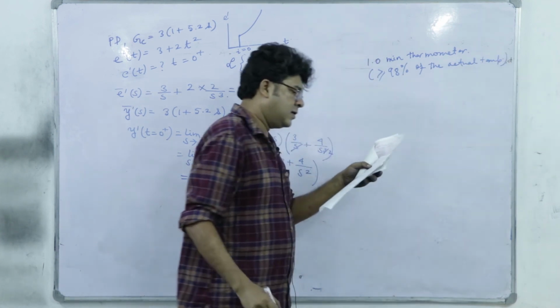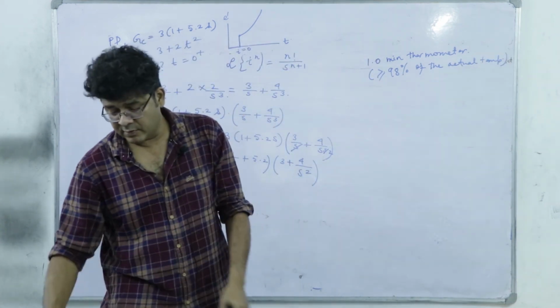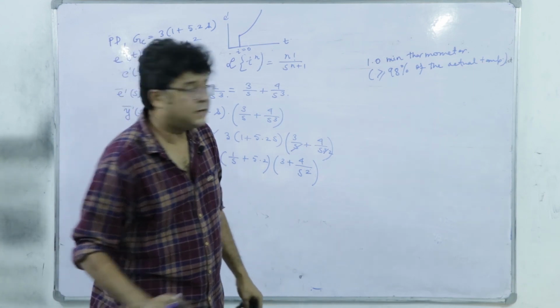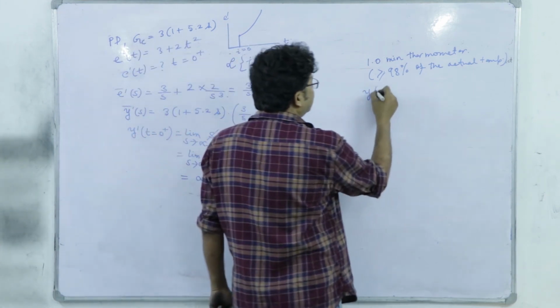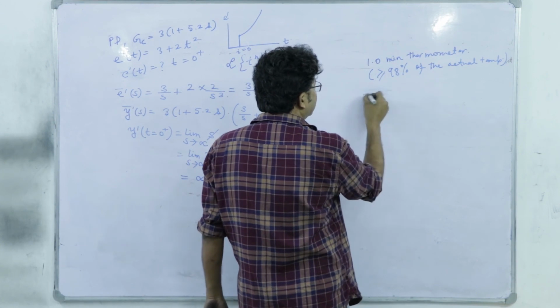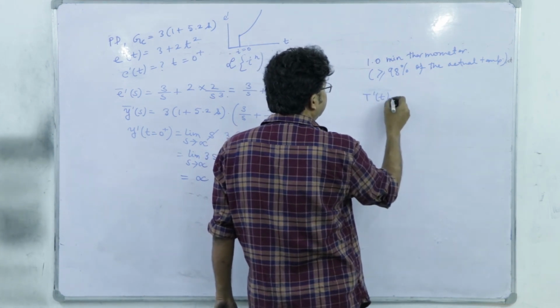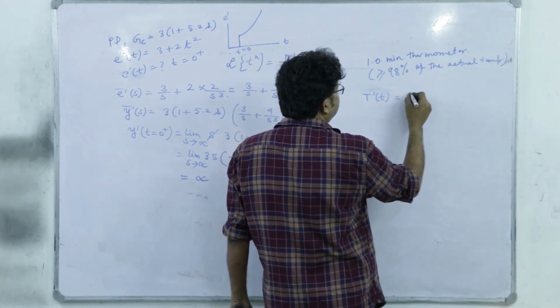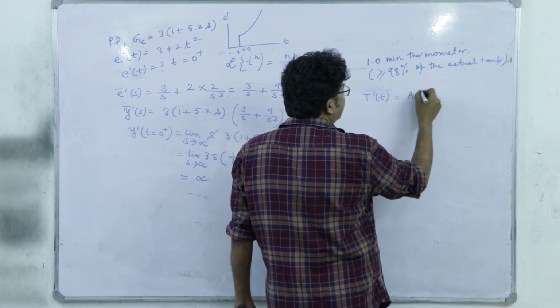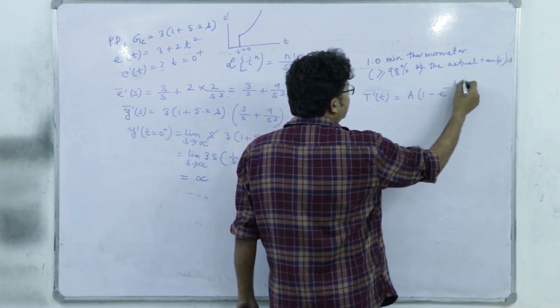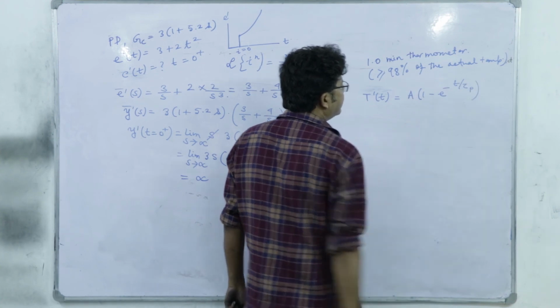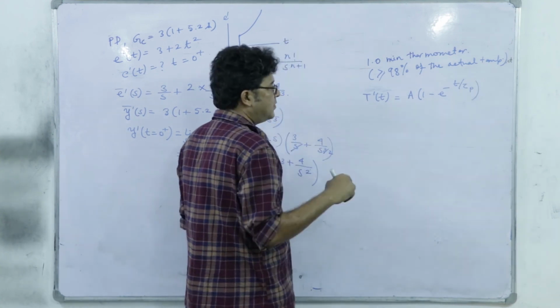Right. What is the time constant of the thermometer in seconds? See, the response of a first order system, or response of a thermometer, T prime t, right, it is A into 1 minus e to the power minus t by tau p, right. A is the step change.